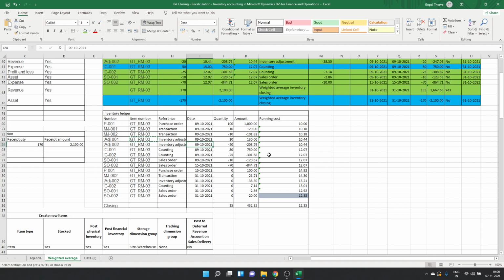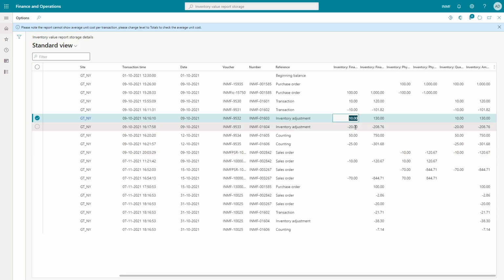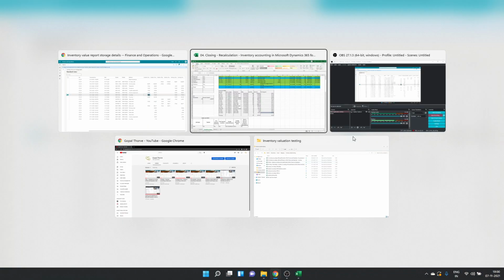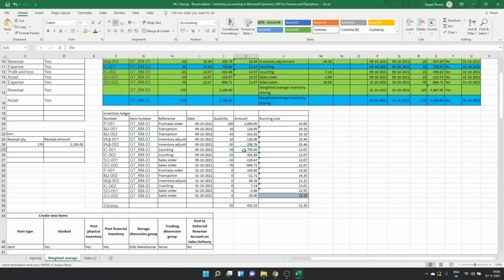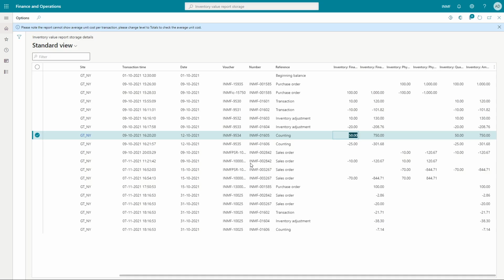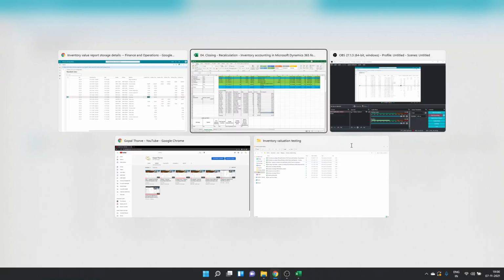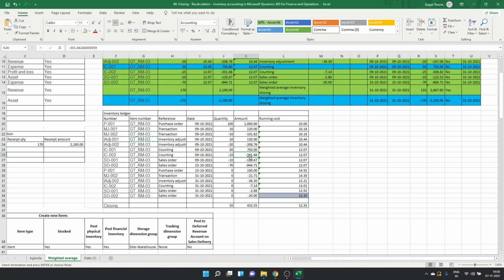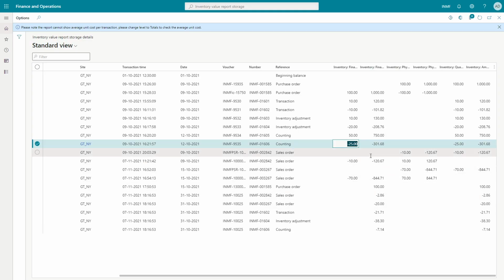Then inventory adjustment down of 20 quantity. Then we did counting up of 50 quantity at 750 of cost, counting down 25, 301.68. Okay, then we made two sales order transactions. So first one is my packing slip transaction.